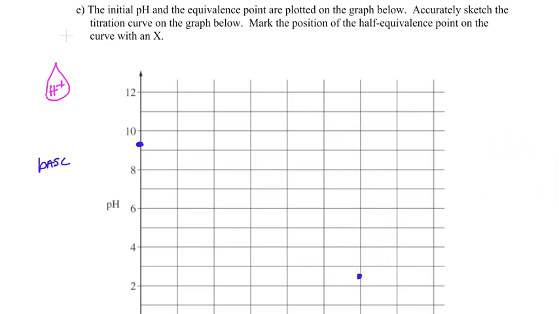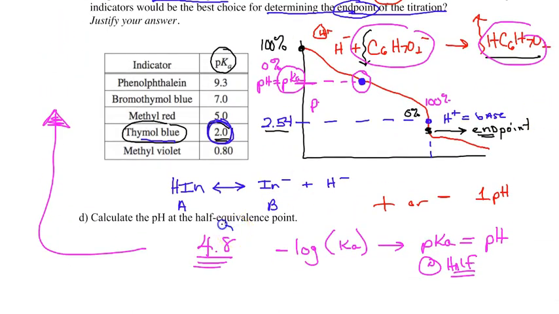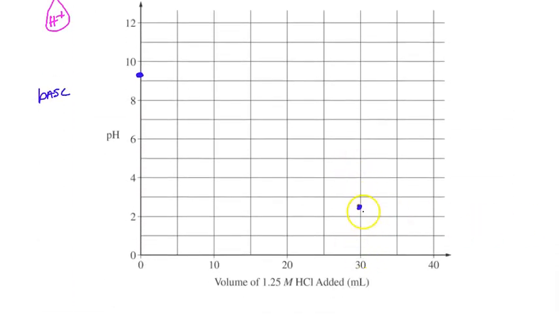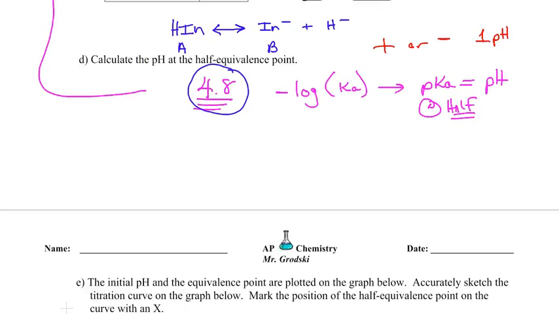Well, I know that I'm going to go through the halfway equivalence point that I just found out to be 4.8. So if the equivalence volume is about 30, it took 30 milliliters of the acid to neutralize the base, then somewhere near 15 is the halfway equivalence. And I just found out that pH is 4.8.